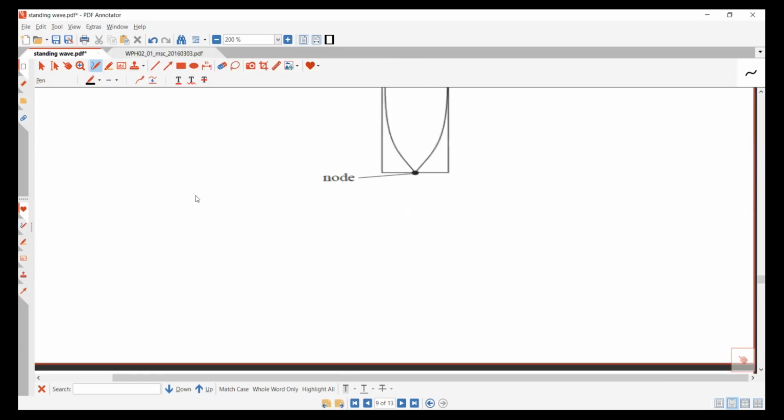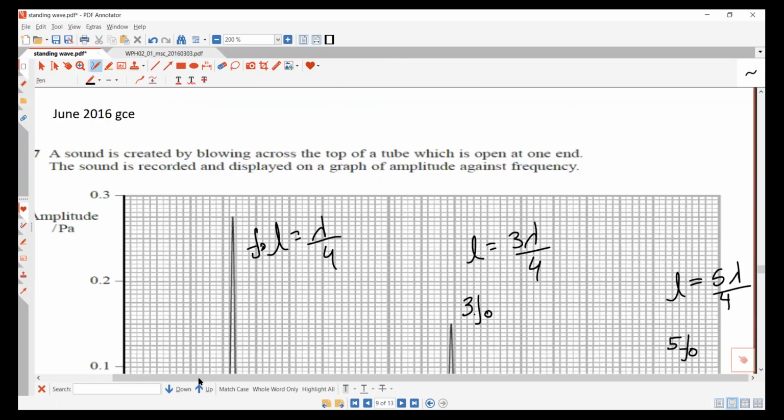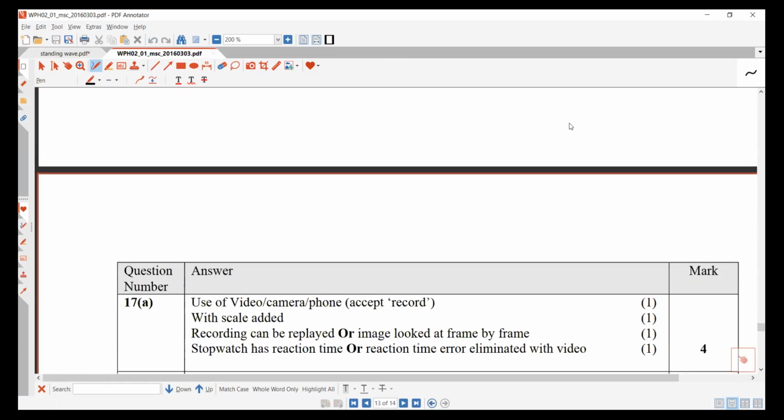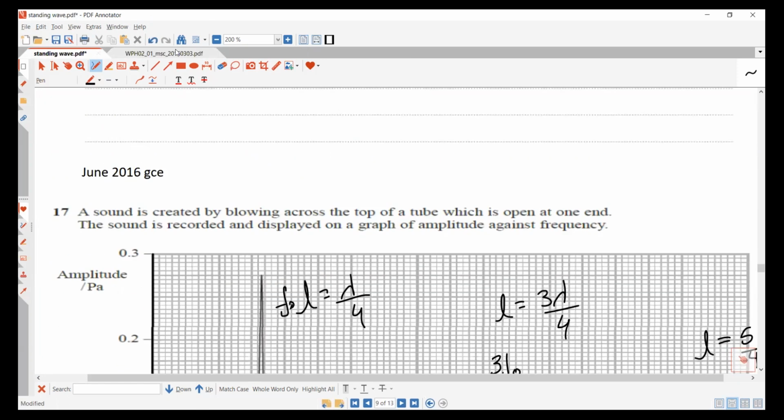Question number 7. 7 or 17, is it? 17. Okay. It's IL GCE. What happened? GCE.